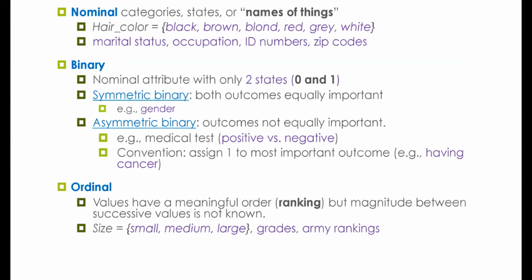For example, size: small, medium, large; grades; army rankings. That is an ordinal attribute.